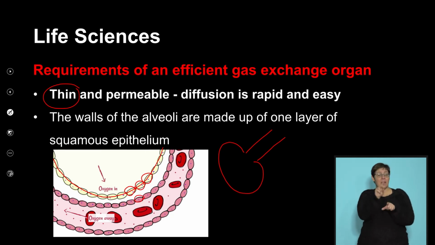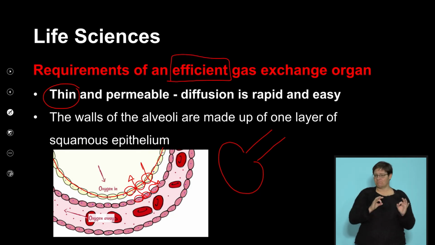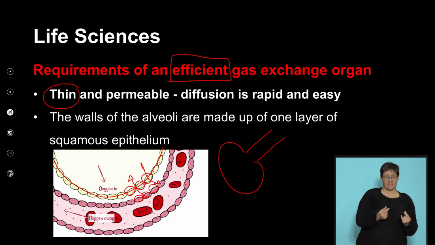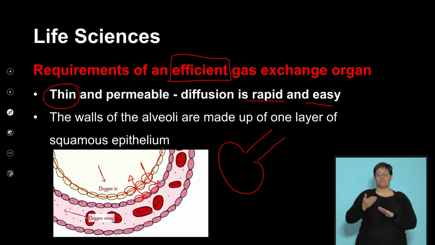You will also notice that the blood is also one layer thick, which means that oxygen going in happens very quickly, and carbon dioxide carried back out also happens quickly. Guys, that's efficient. What does efficient mean? Quickly, doing it nice and rapidly. The words rapid and easy.